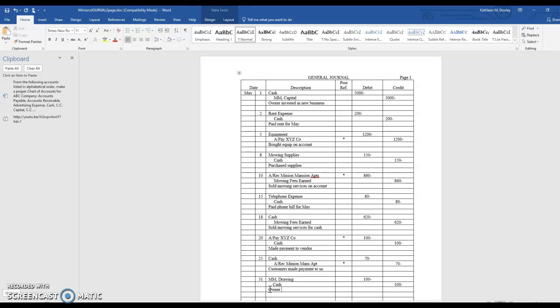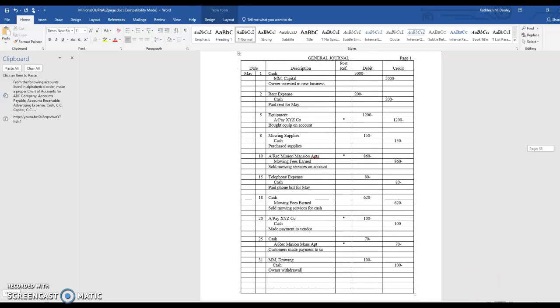Explanation is owner withdrawal. Okay. All right. So now we have finished our journal, and we also posted to our subsidiary ledger as necessary. Our next step is going to be to post to the general ledger.